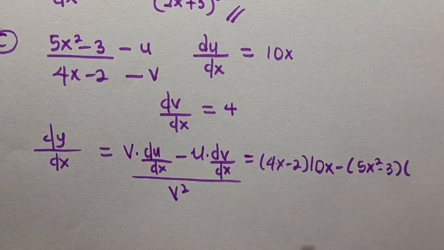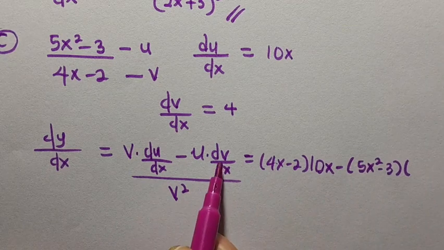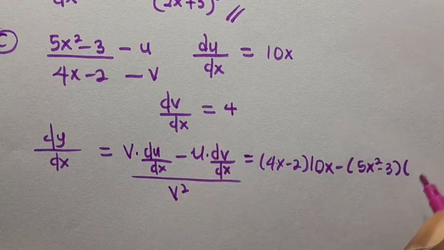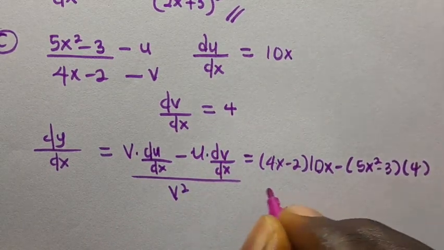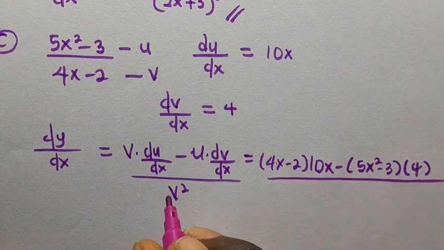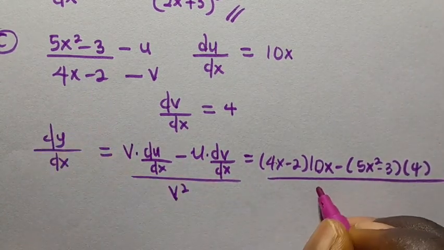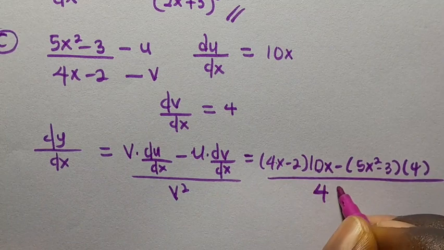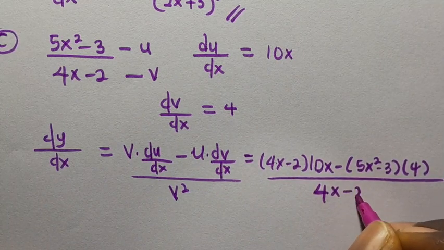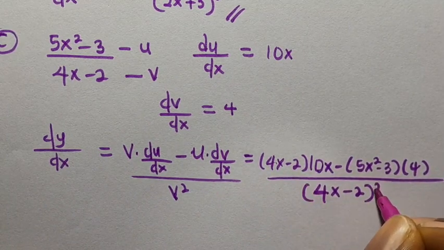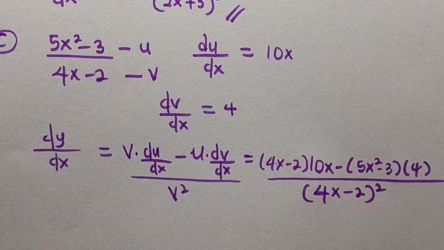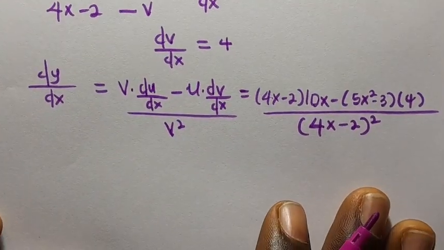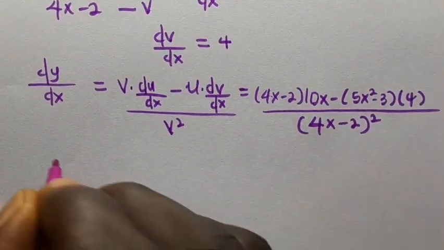Then our dv/dx equals 4. Our v square would now be (4x minus 2) all square.